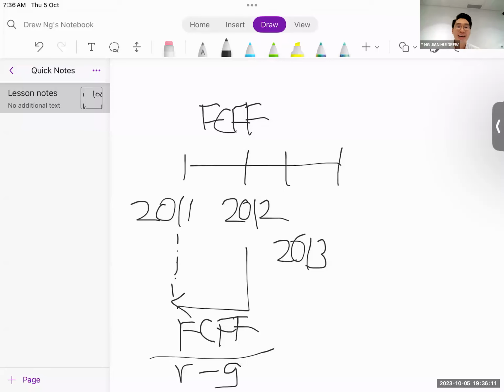Remember lecture 2, I repeated many times, one period from today. So in this sense, the FCFF is already one period from today, so you do not have to multiply by 1 plus G. You just take whatever value calculated for your FCFF, and then you just divide it by this here.